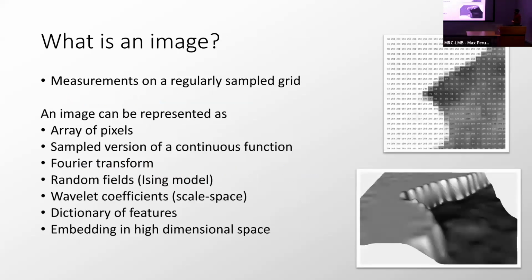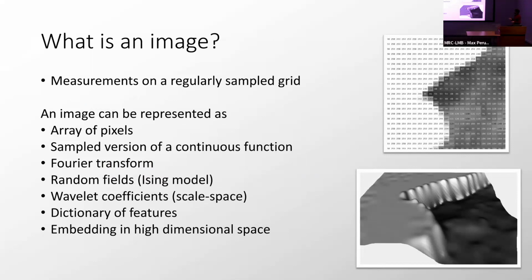So what's an image? It's simply a measurement. You're really measuring something on a regularly sampled grid. At each pixel, each coordinate x and y, or row and column, you will have a value which is a measurement, a number.